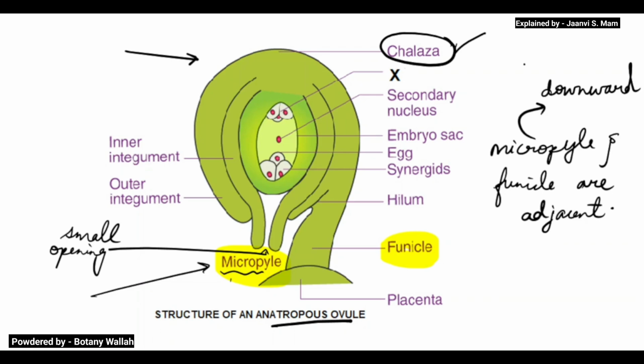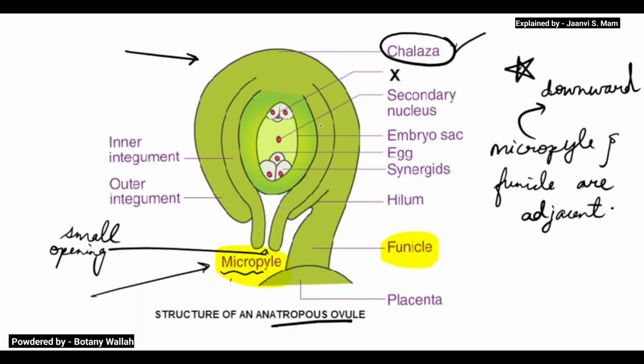Because of these two reasons, this is known as anatropous ovule. There are many types of ovule, but the basic, the common type of ovule which we say is anatropous ovule.